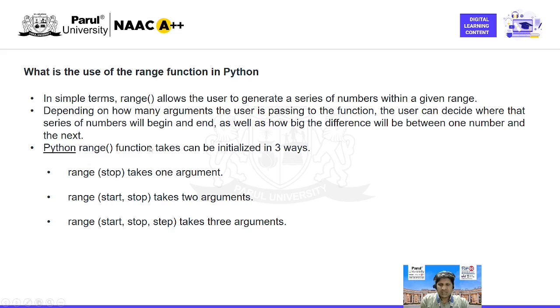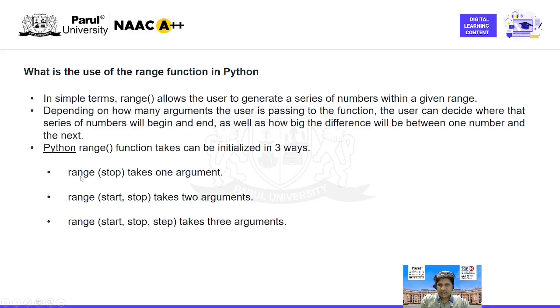So on the basis of the number of parameters or arguments passed to the function, the range function initializes in 3 different ways. You can initialize a range function in the following 3 ways. The first one is range with only one parameter provided, that is stop.